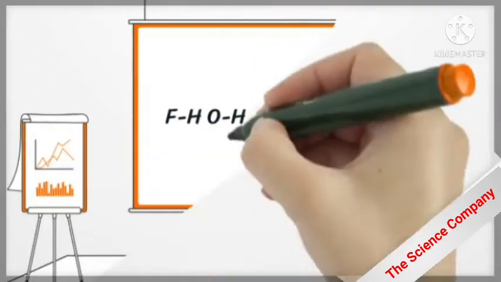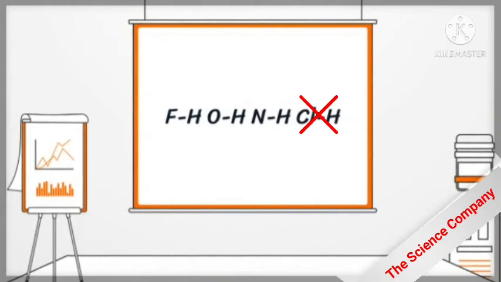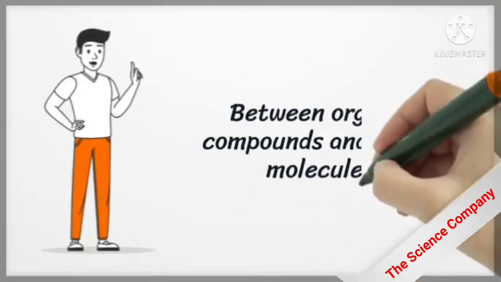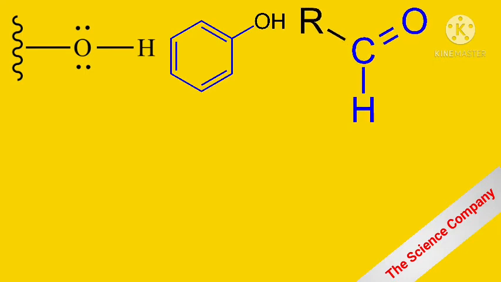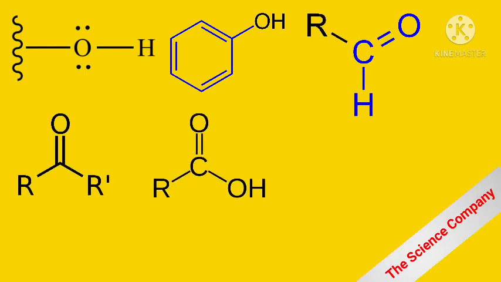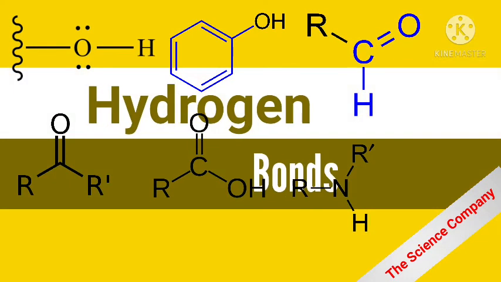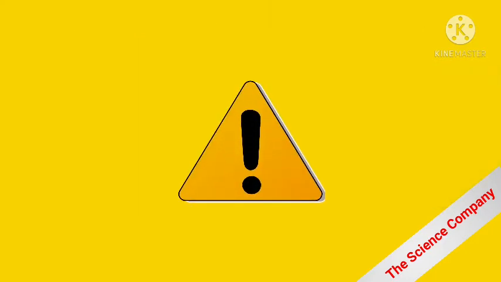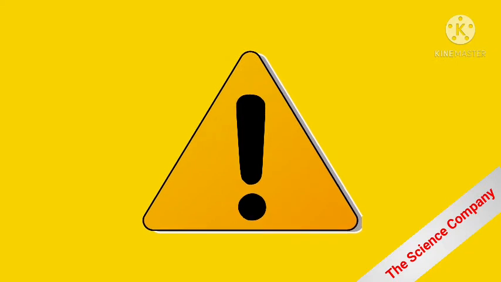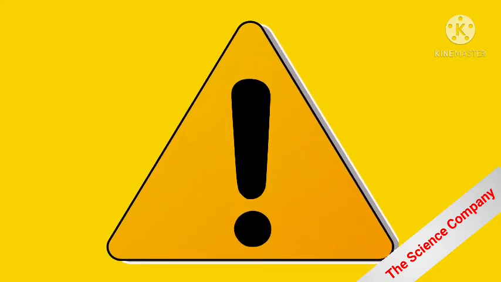When there are hydrogen bonds, for example FH, OH, NH, between an organic compound and water molecules, the ability of dissolving in water is high. Organic compounds such as alcohols, phenol, aldehyde, ketone, carboxylic acids and amines can make hydrogen bonds. But remember that there are organic compounds which are insoluble in water and they can make hydrogen bonds too.